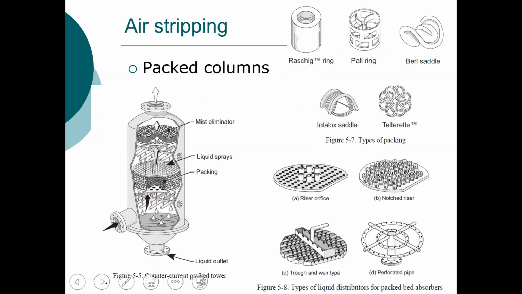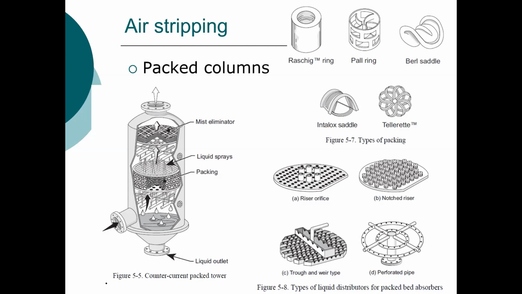And finally, we can move to packed towers. These are the most efficient. And they're filled with typically this plastic media. You can see some of the examples here. Again, we need to have good distribution of the air into the water or the water into the air. You can think of it either way.